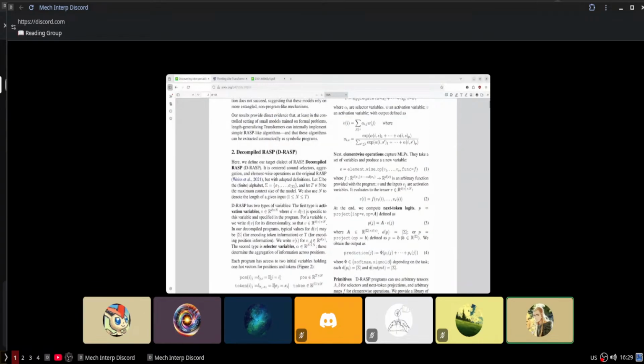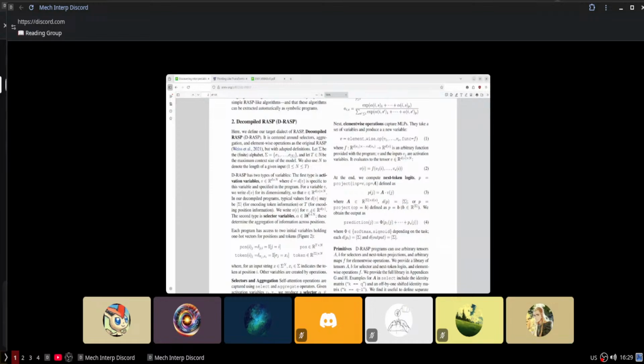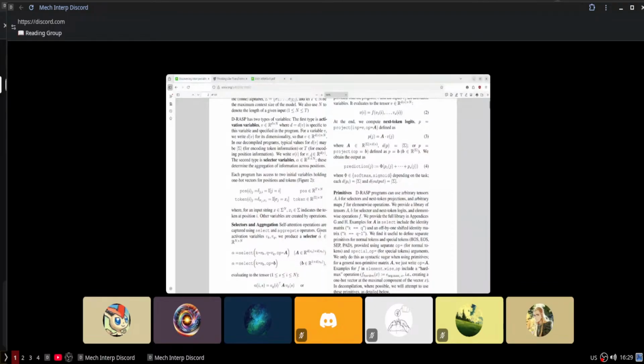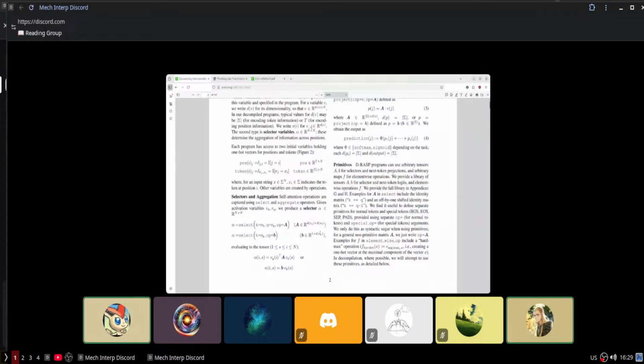Right. So the activation variable is like an embedding. N is the input size, so it's D by N. And the selector variable is like an attention matrix, N by N. Okay, so that makes sense. Selectors are probably trying to show what attention is doing.